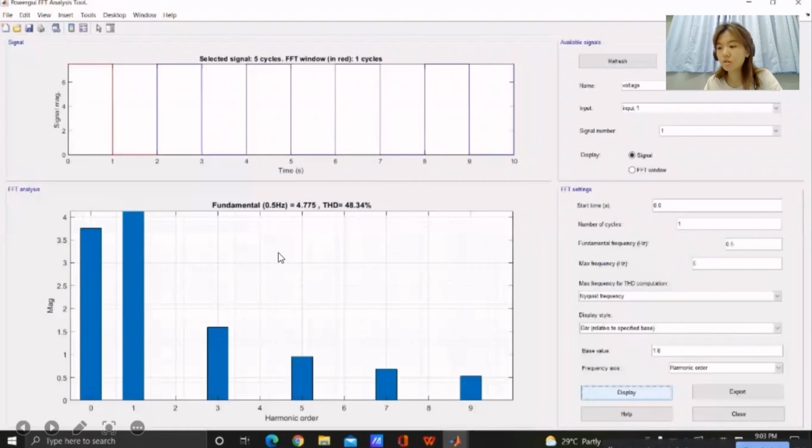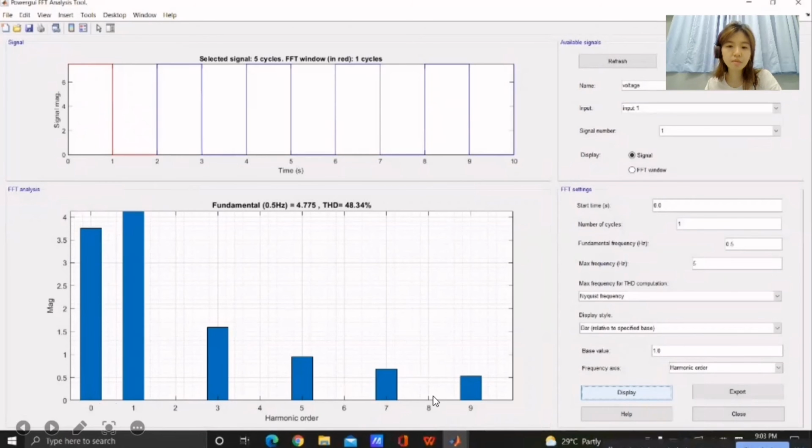For the V source, we can observe that the waveform is a continuous square waveform, and the frequency of the FFT setting is set from 0.5 to 5 Hz. And the harmonic order of the voltage frequency diagram is generated, and we can observe that the value increases from 0 Hz to 1 Hz.